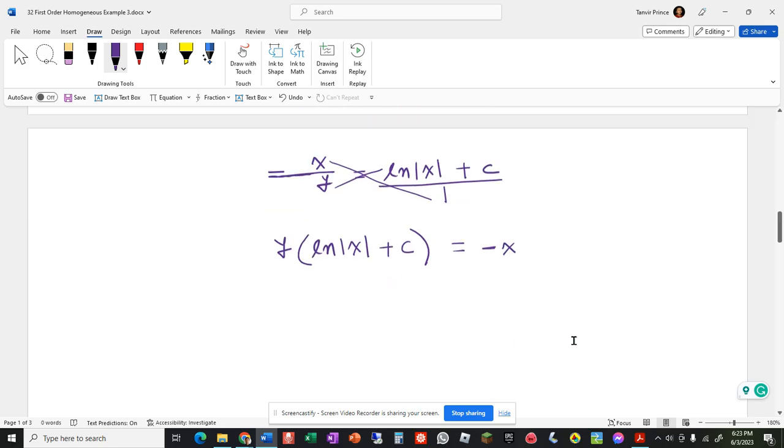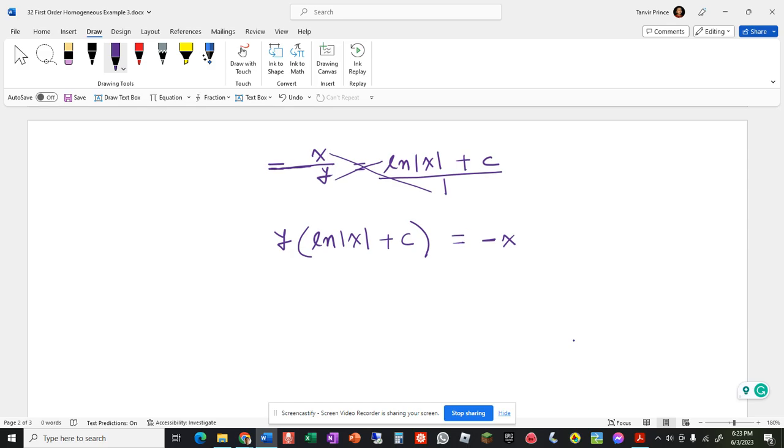Let's just move everything to one side. Maybe I can move this to this side, and I can also multiply this out like that. So I get y ln of the absolute value of x, plus cy plus x equal to 0.